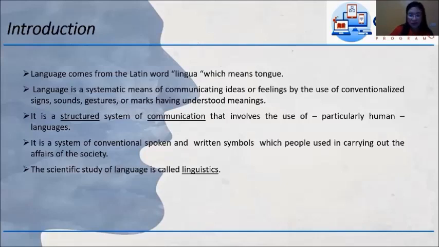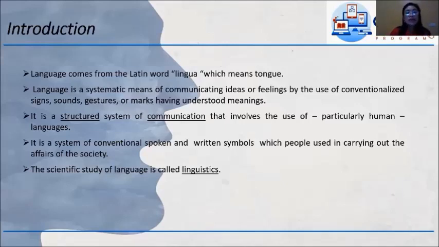When we communicate verbally, we make use of words or language, either spoken or written. Non-verbally, on the other hand, is when we make use of signs and symbols. So that makes language a structured system of communication.